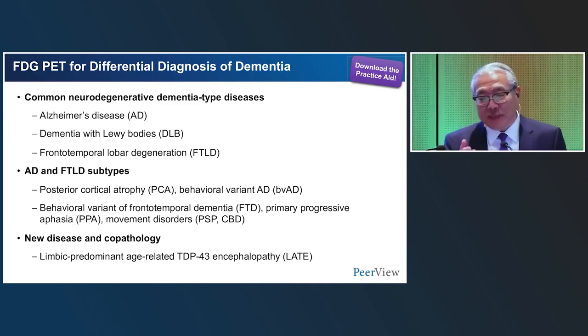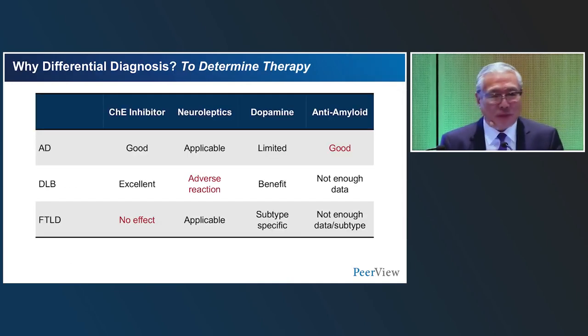If you think about all of those different types of neurodegenerative diseases, we do not necessarily have definitive imaging biomarkers for all of them. Amyloid in Alzheimer's disease is certainly the major focus now, but to really make a differential diagnosis, FDG PET is a very useful tool. It's not very expensive and it's widely available.